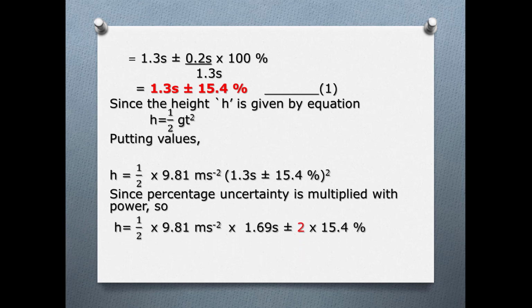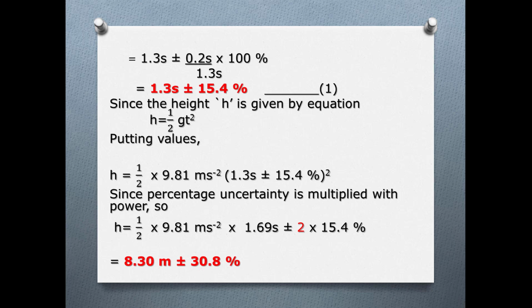h is equal to half into 9.81 meter per second square into 1.69 seconds squared, that is the result of 1.3 square, plus minus 2 multiplied by 15.4%. We have multiplied the power with percentage uncertainty, so we get the result 8.30 meters plus minus 30.8%.